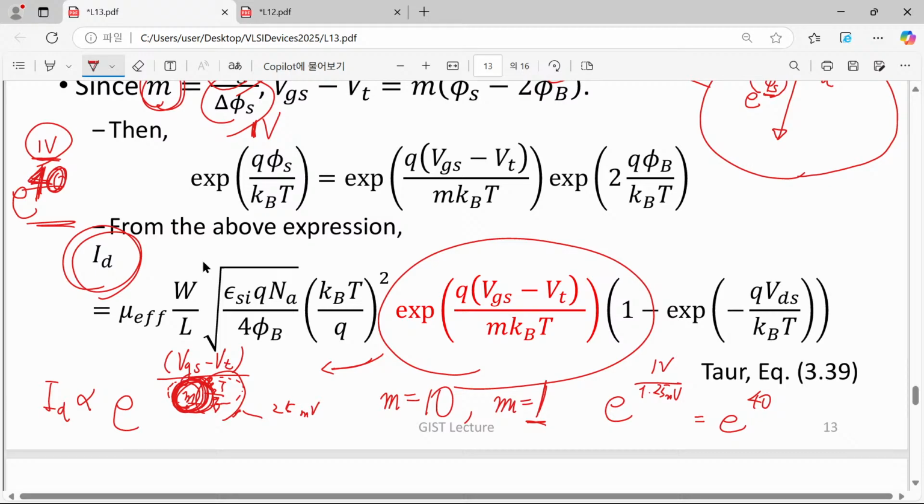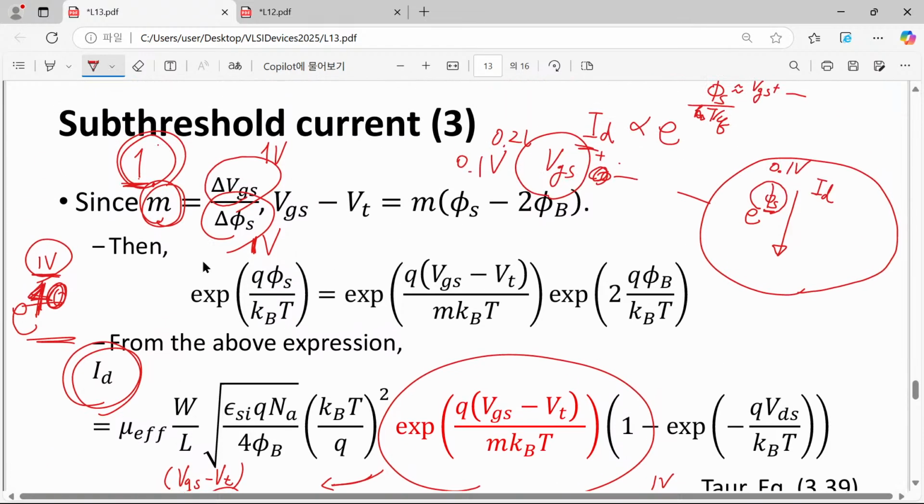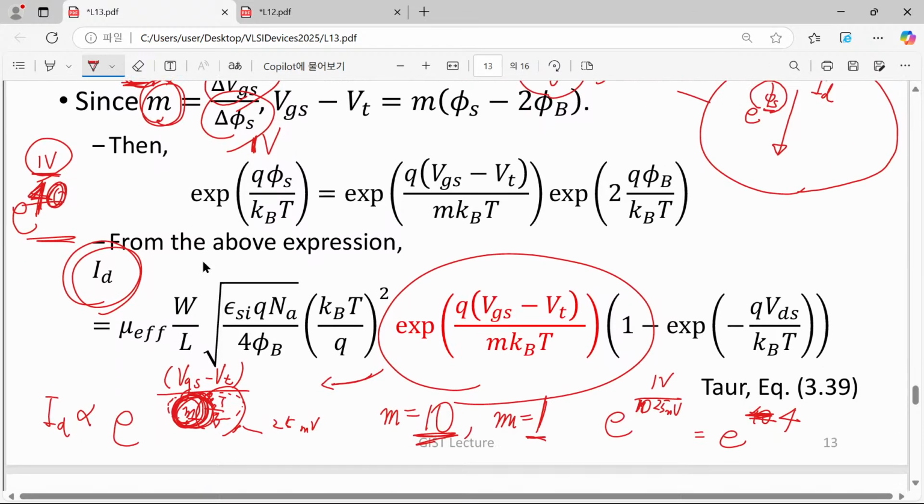On the other hand, if we have the number 10, it becomes exponential 4. This is just about 1 order of magnitude difference. So this is a really huge difference in our calculation. Simply speaking, having the smallest m value is so important.